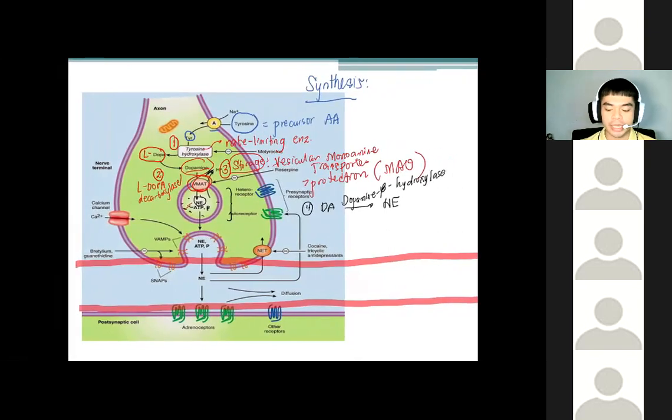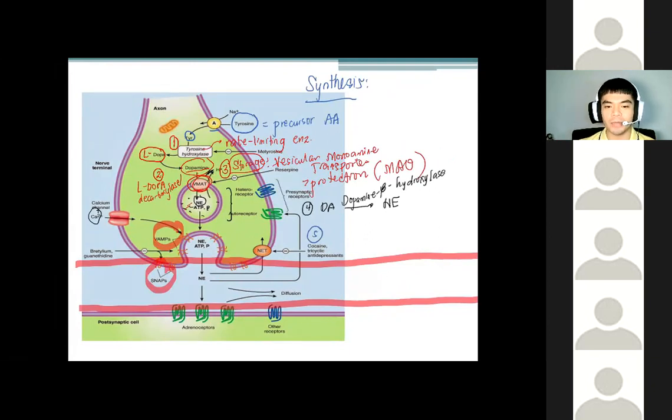Just like yesterday, calcium here will enter through calcium channel, and entry of calcium ions would cause activation of docking proteins like VAMPs and SNAPs that would finally induce the fifth step. And that step involves release process of norepinephrine.